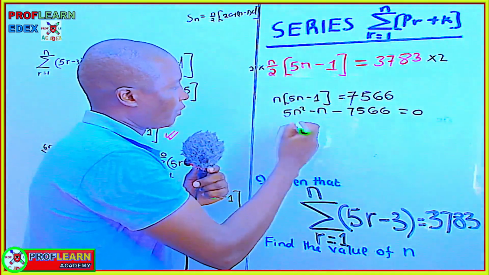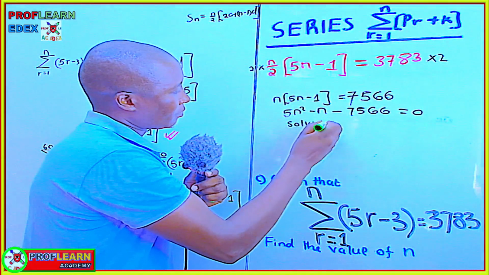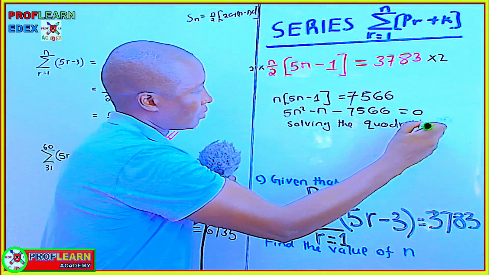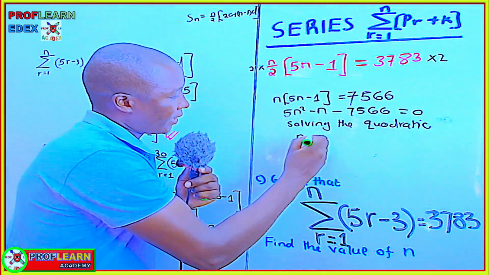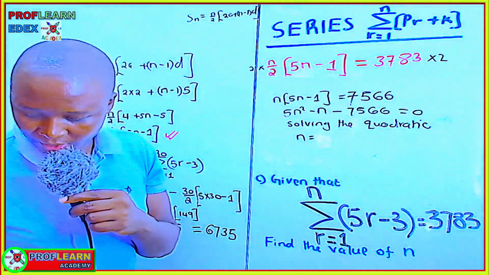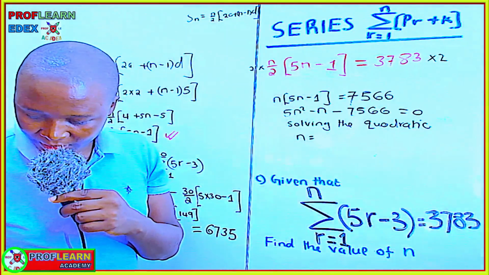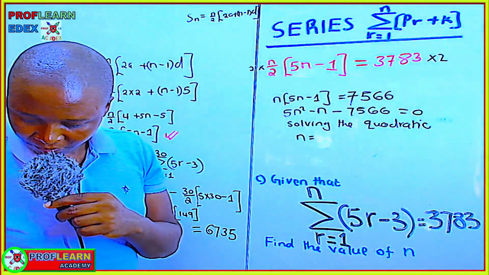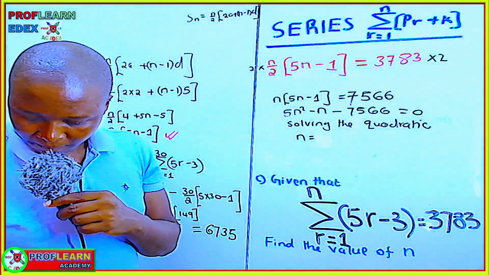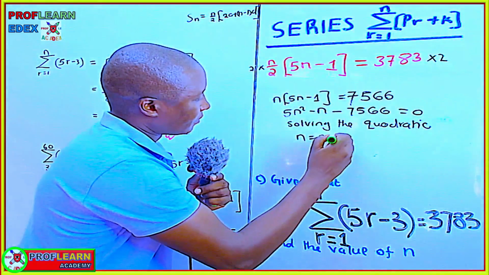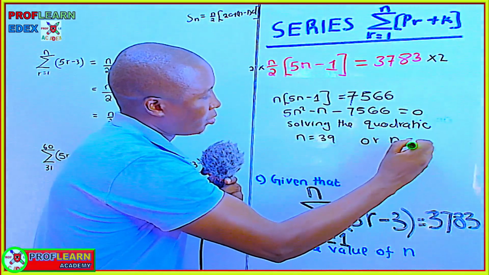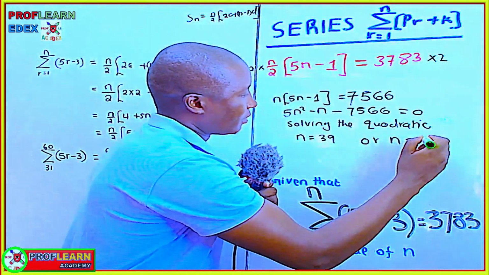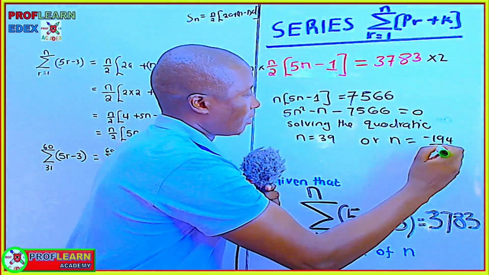Which means that we can now solve this, solving the quadratic. If we work this out using our calculator, n is going to be equivalent to 39, or n is equal to negative 194 over 5.